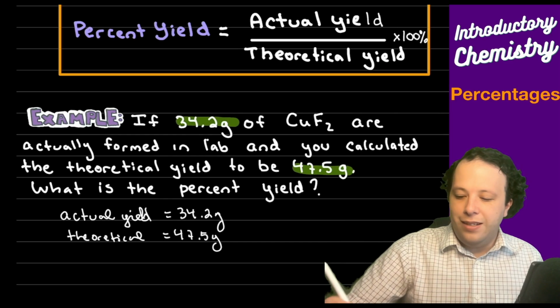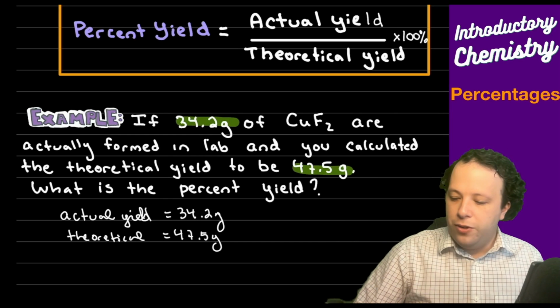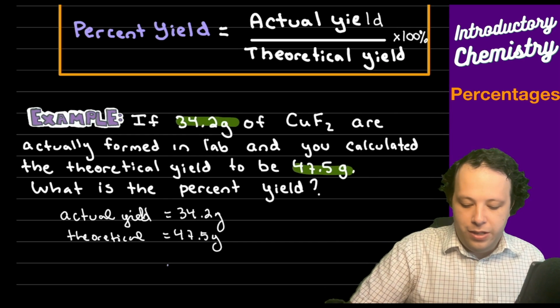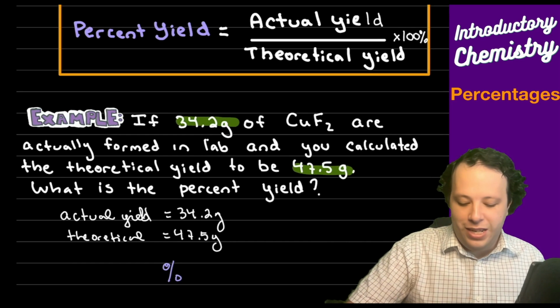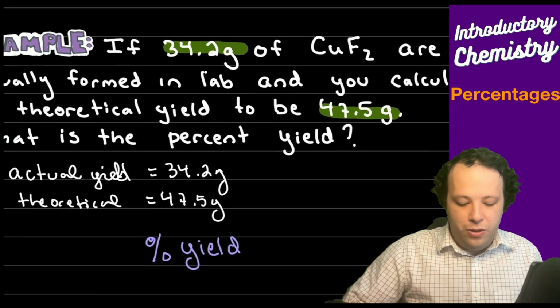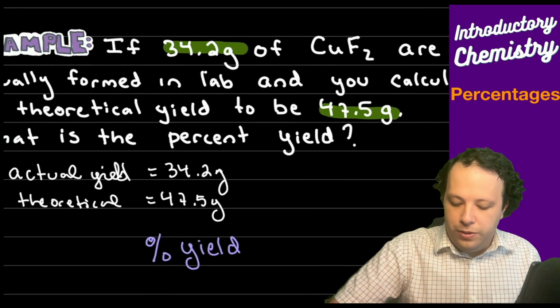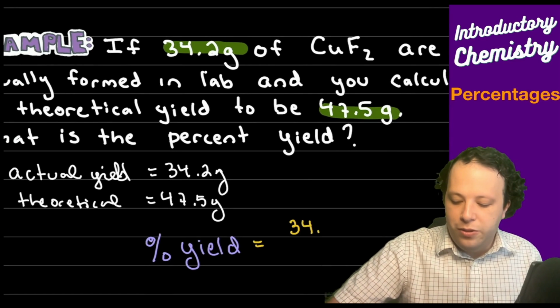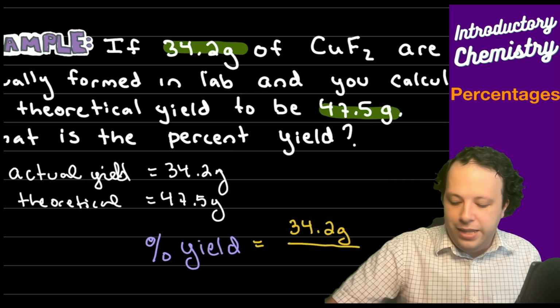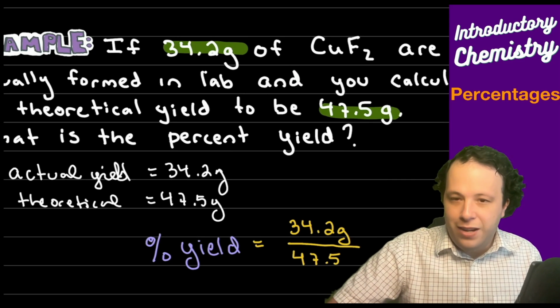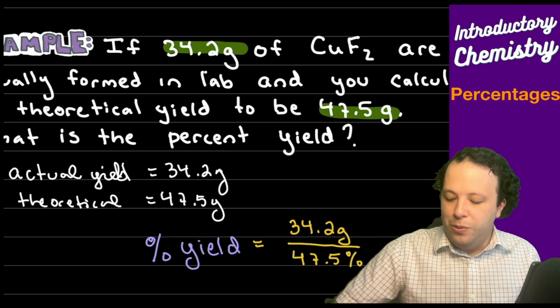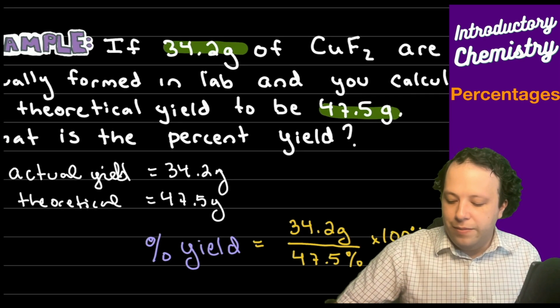So let us set it up. When we are trying to get our percent yield, we're going to plug these numbers into our equation here. So actual over theoretical. We'll take our 34.2 grams, divide that by 47.5 grams, and then we will multiply that by 100%.